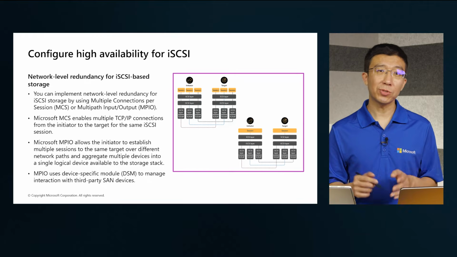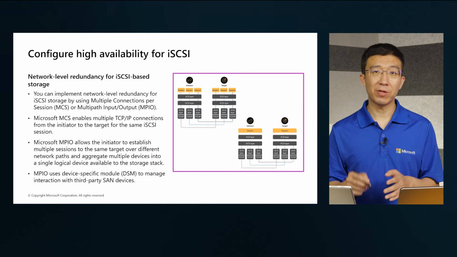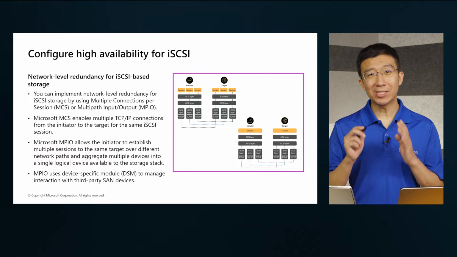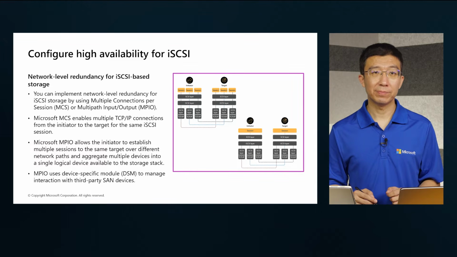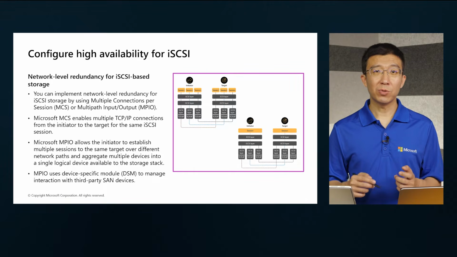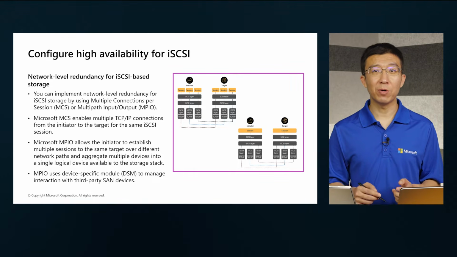It lets you use multiple network paths, aggregating devices into a single logical unit. MPIO uses device-specific modules (DSM) to manage third-party SAN devices. This setup ensures that your storage remains accessible even if one network path fails.